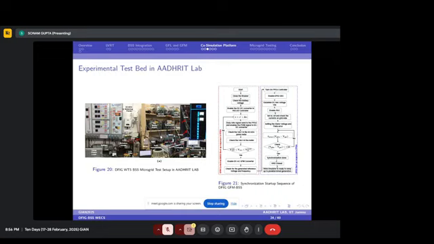So this is the experimental test bed, the same experimental test bed. The only difference here is the battery storage system that we have validated for two different types of battery, lead acid as well as lithium ion. And for this co-simulation platform as well as controller hardware in loop platform, a sequence of operation is required, because whenever we are connecting any resource to the grid or any resource to another resource, a sequence of operation is required.